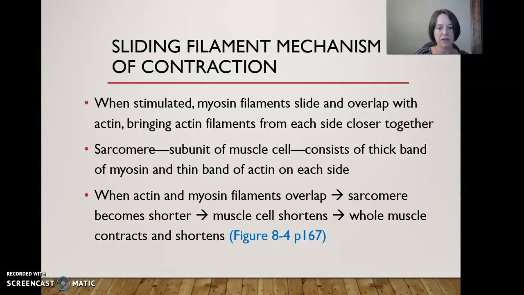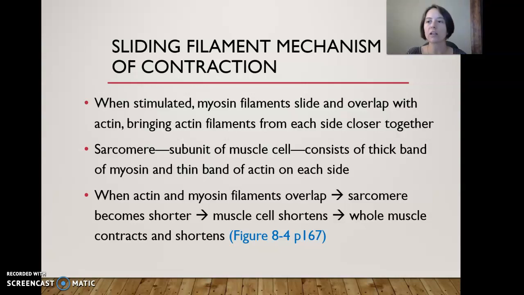So there's a nice picture of that on page 167. Obviously, it'd be easier for you to look in your book, but we have a sarcomere. So you've got those thick blue myosin and the thin red actins on each side, and then you can see those club-shaped myosin heads reach up to touch the actin, and then in B you can see that the myosin and actin have slid past each other, and that the whole sarcomere has gotten shorter.